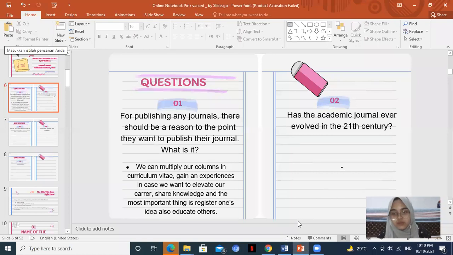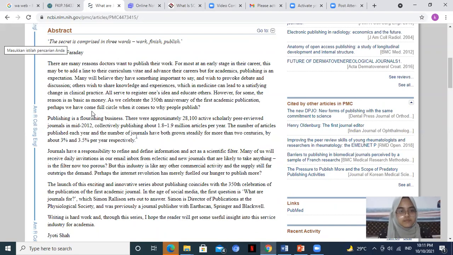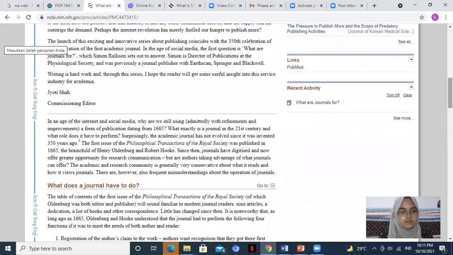Question number 2. Has the academic journal ever evolved in the 21st century? I found the answer in the last of the abstract section. Here. Where is it?